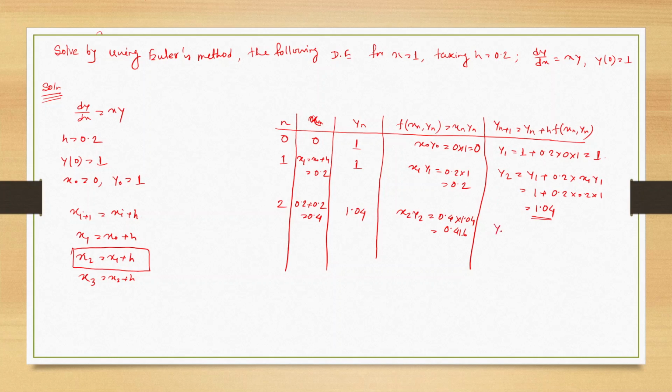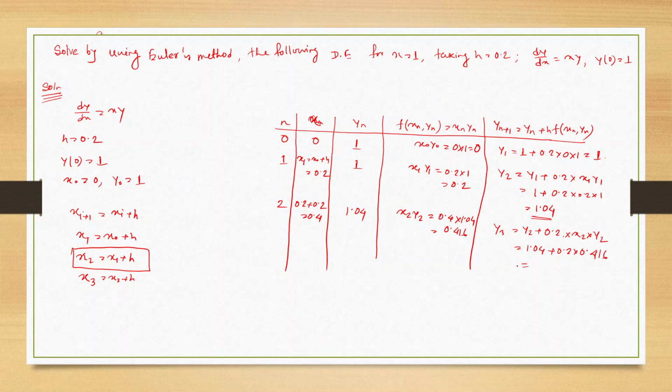And similarly we have to find the y3 value, that is y2 plus 0.2 into x2 into y2. So from here we will get 1.04 plus 0.2 into 0.416.